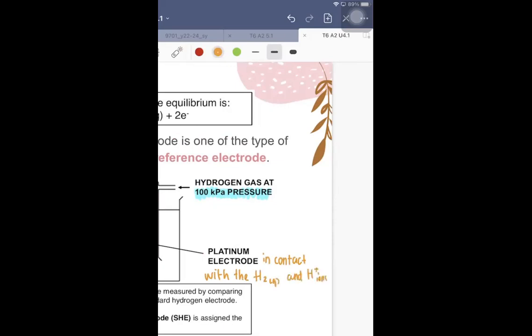These two things need to touch each other, and the platinum is like the electrode, the middle person for the hydrogen gas and the hydrogen ions to mix.